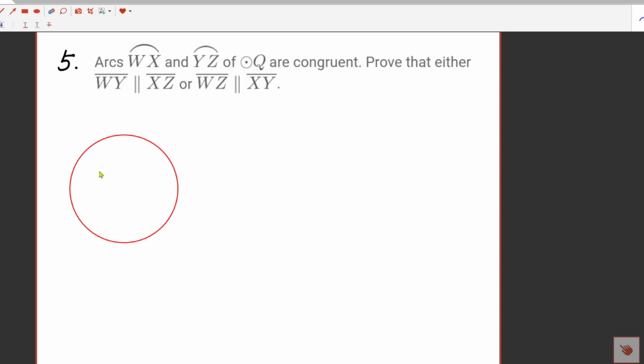The first is, we could have W here, X here, and Y and Z. Something like this. So in that case, the two arcs do not intersect, right?